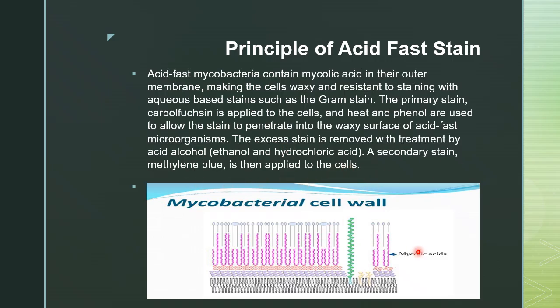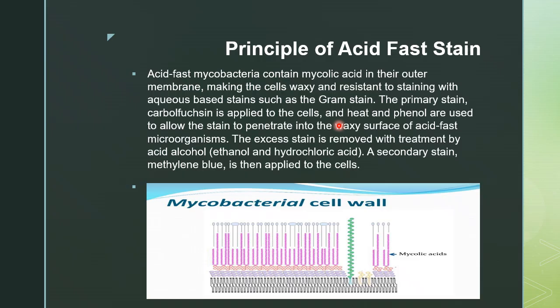As you can see in the picture, this is the waxy layer, or the mycolic acid layer, present in the mycobacterial cell wall. This mycolic acid is very tough and does not allow the stain to enter inside very easily. Because this mycolic acid layer is present, you cannot stain them with normal aqueous based stains such as gram stain, and you require a special stain like carbol fuchsin.